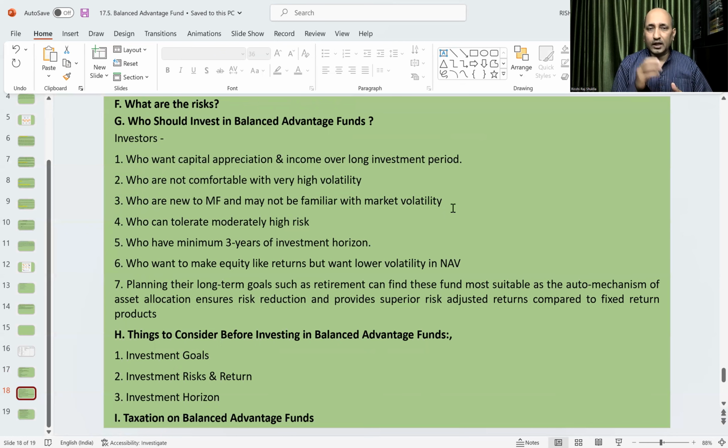Debt also has default risk, credit risk, or we can say liquidity risk, and interest rate change risk. So associated risks are there, and no market instrument can be 100% risk free. Associated risk will be there, and we should keep these risks in mind before investing.